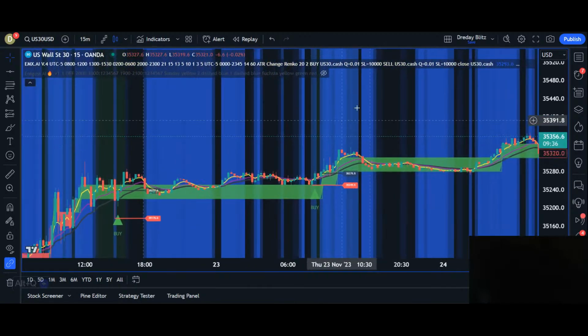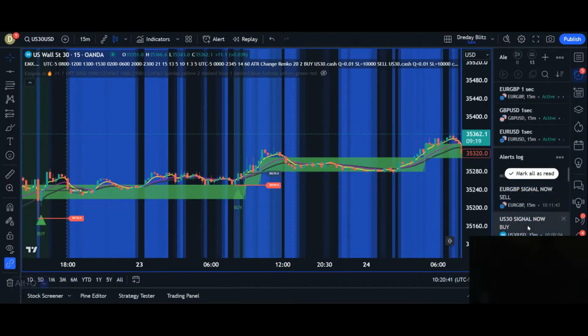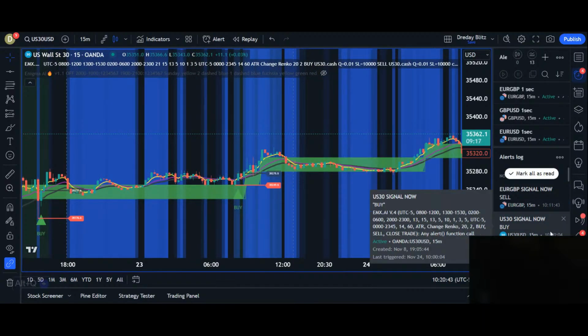So if you took that US 30 signal that came in, and you have access to EMX AI, you should have had a buy signal for US 30 at, let me check. So that was at 10.